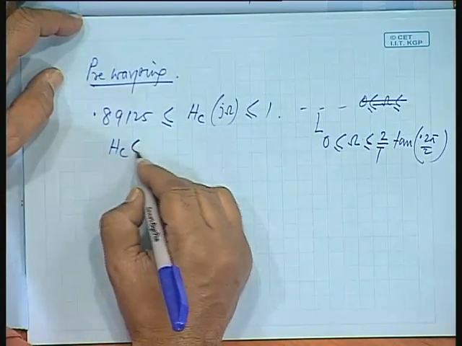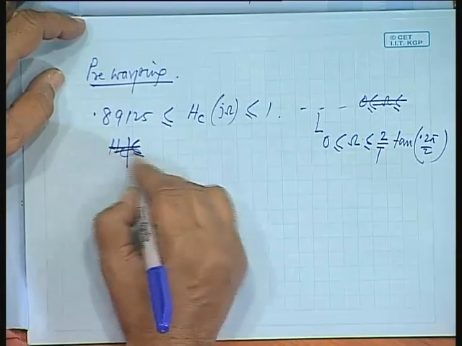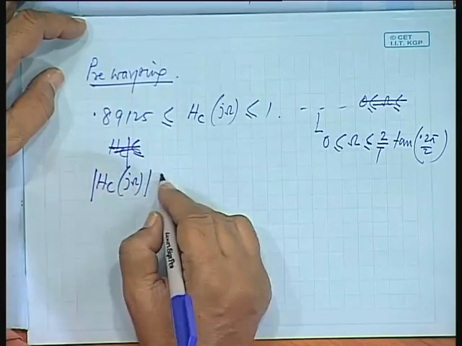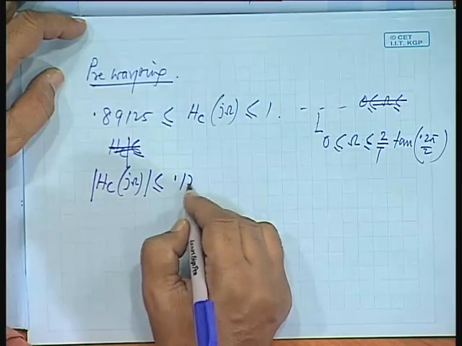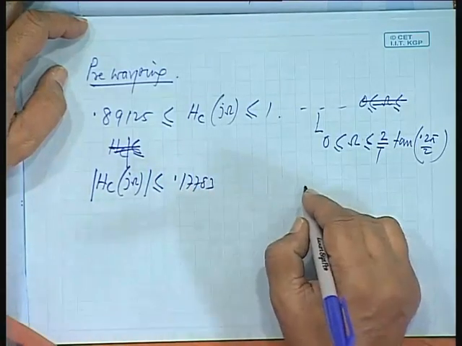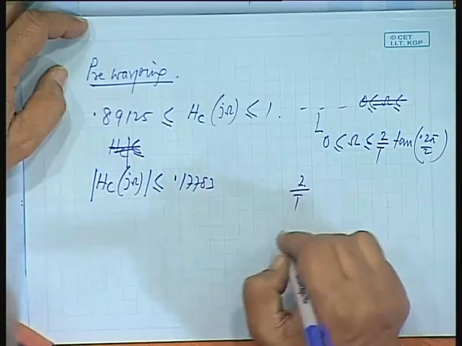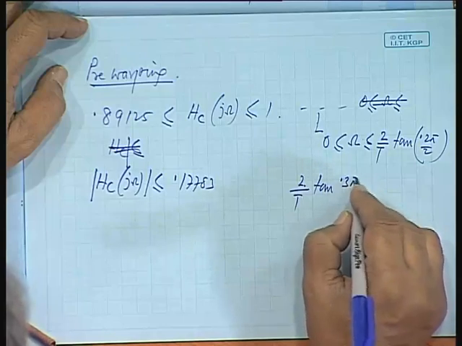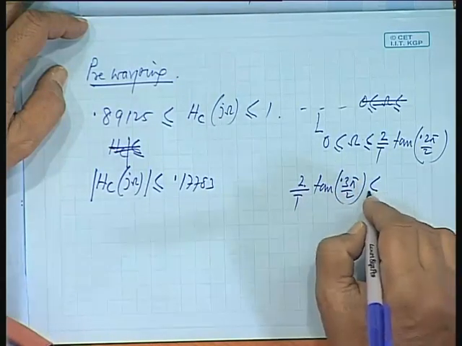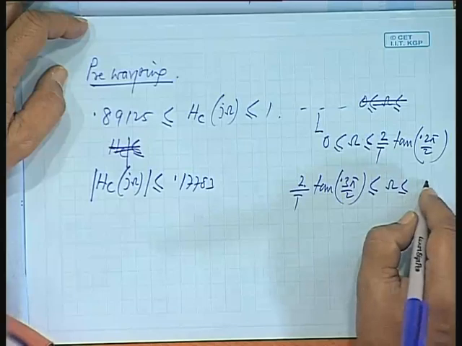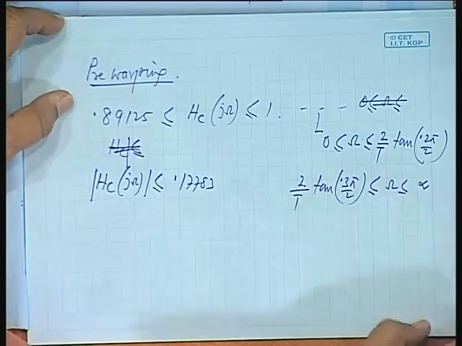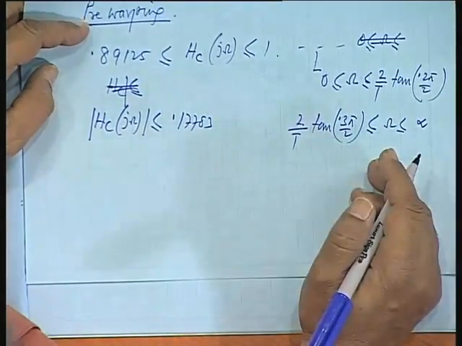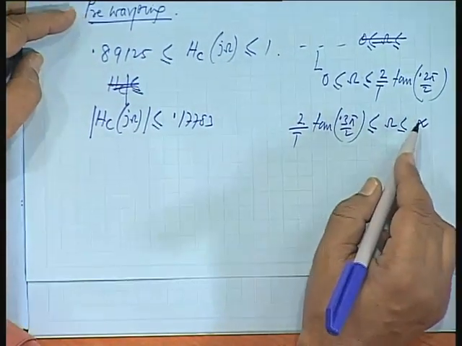Similarly, magnitude HC should be less than 0.17783 for 2 by t tangent 0.3 pi by 2 to omega, then this is infinity. Earlier it was pi in the discrete domain, in the continuous domain it is infinity.